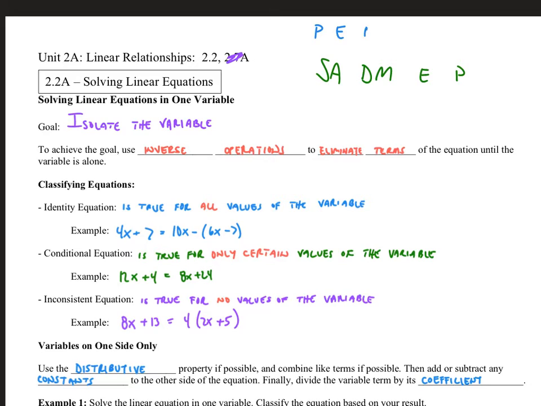How do I know what order to simplify an expression in? That's for simplifying, right? Well, if I have to undo all of that to solve, then I would have to do it backwards. And so when you're solving, you should be using SADMEP to kind of guide you. Like, what do I undo first? What do I undo second?